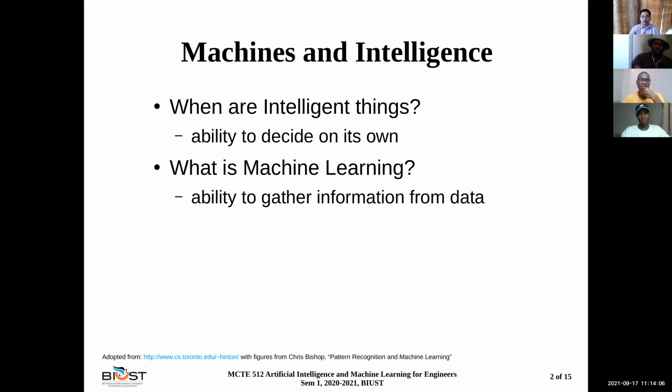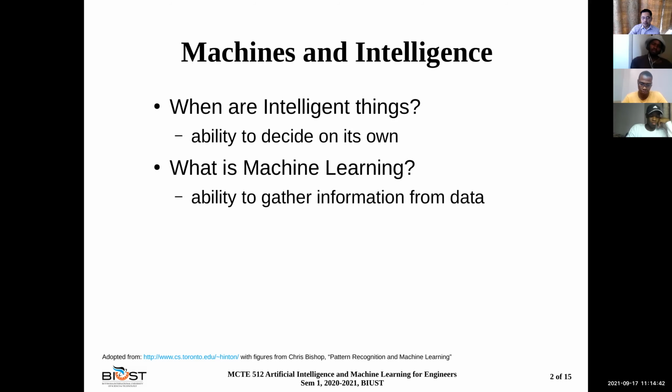That kind of system is considered intelligent. What about the earlier air conditioners? Maybe in the earlier days, they would just continue working until it was so cold that people would turn it off. In that case, it's not intelligent. It just continues doing things, and a human person needs to intervene. The keyword is intervention: some human intervention is needed in order to make the decision for the machine.